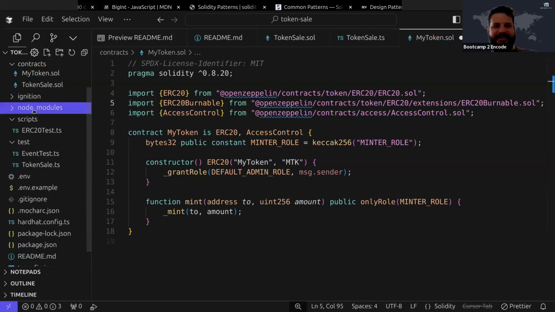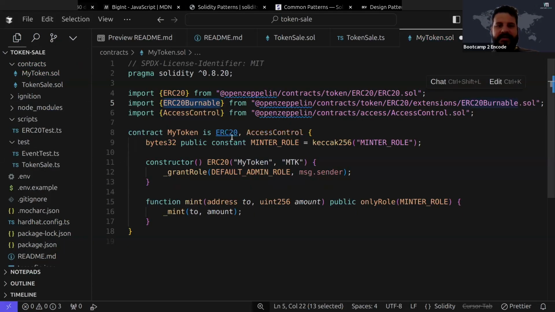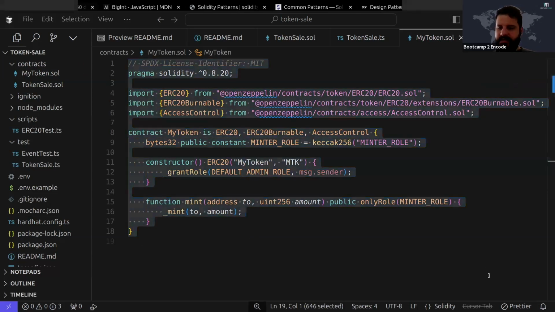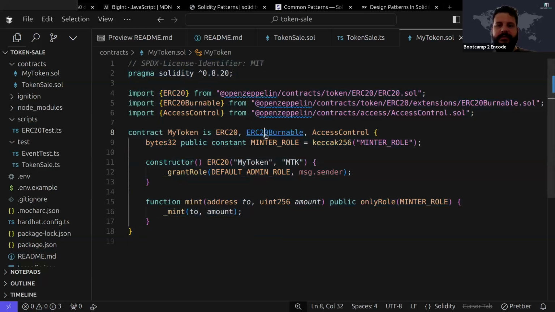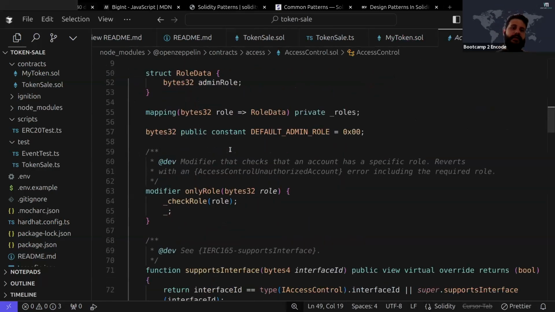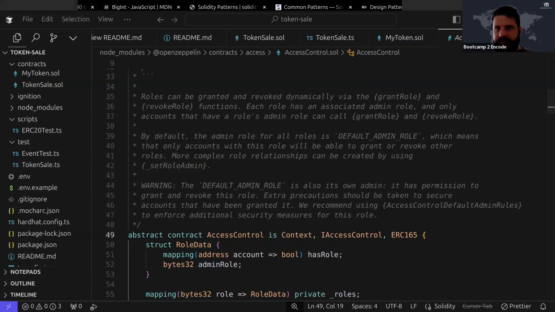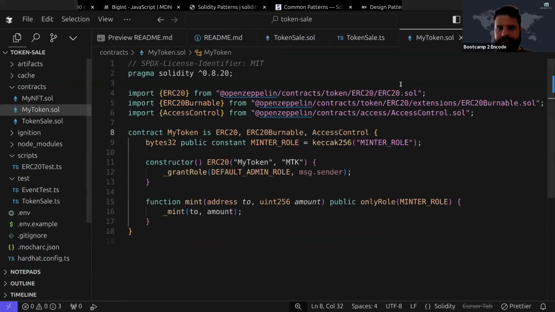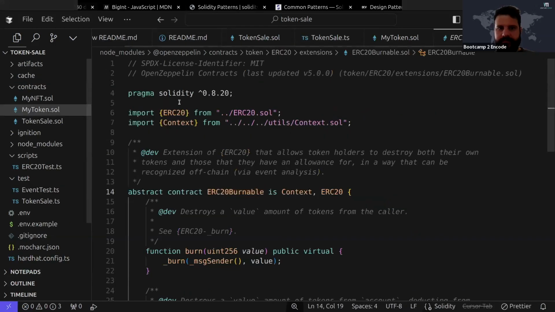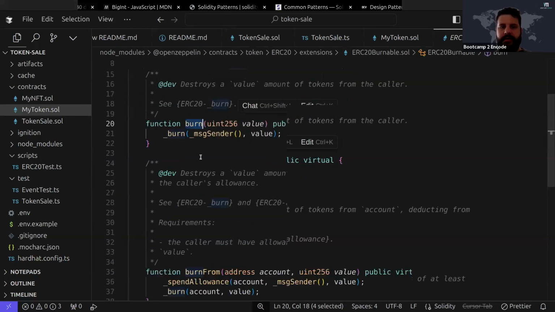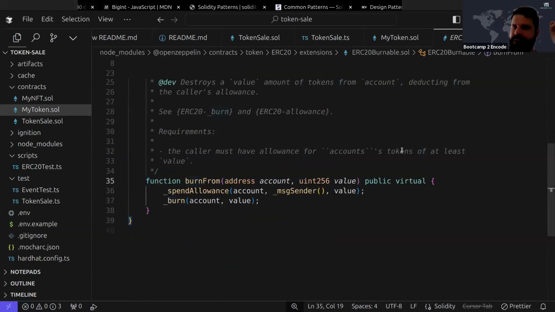So by marking this ERC20 as ERC20 burnable, let me copy this for you, just here in the chat. I'm going to get one inherited function here from ERC20 burnable. That is, I clicked the wrong contract. Sorry about that. ERC20 burnable.